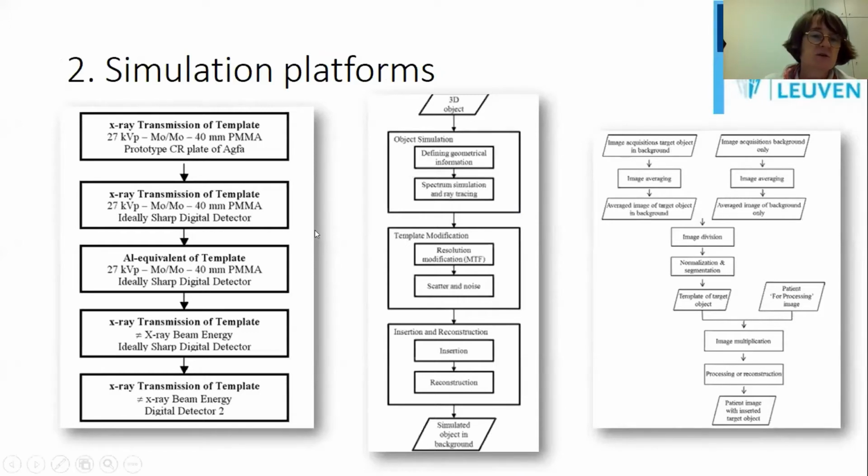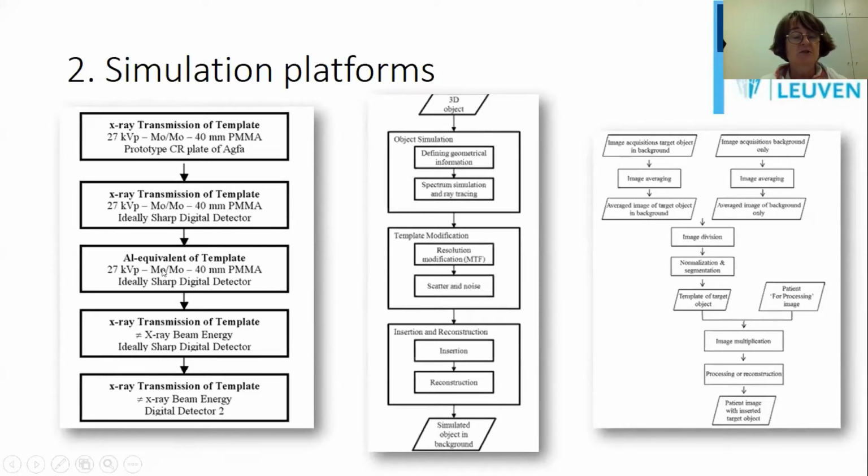For instance, you start from a template of a lesion acquired on a particular system, which in our case was a magnified view on a CR system with a certain beam quality. This template was converted into a template for an ideally sharp digital detector by applying the inverse of the MTF.